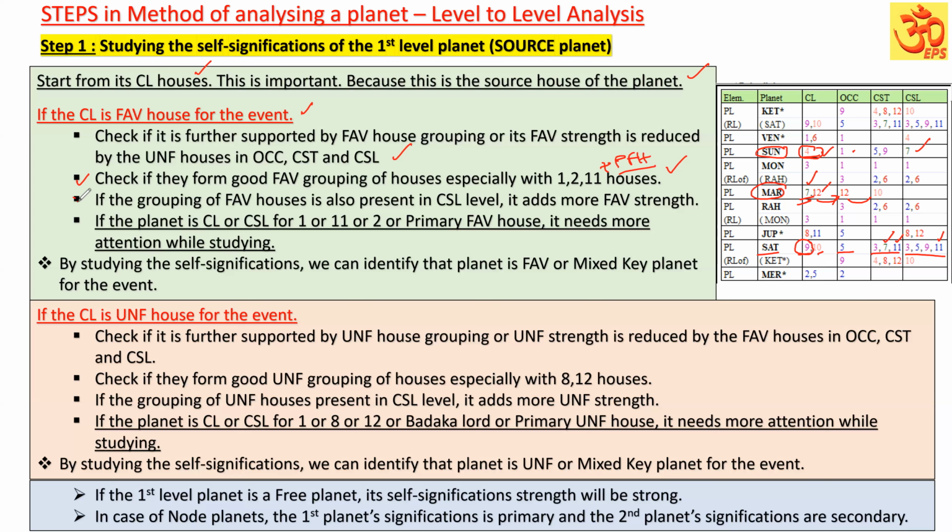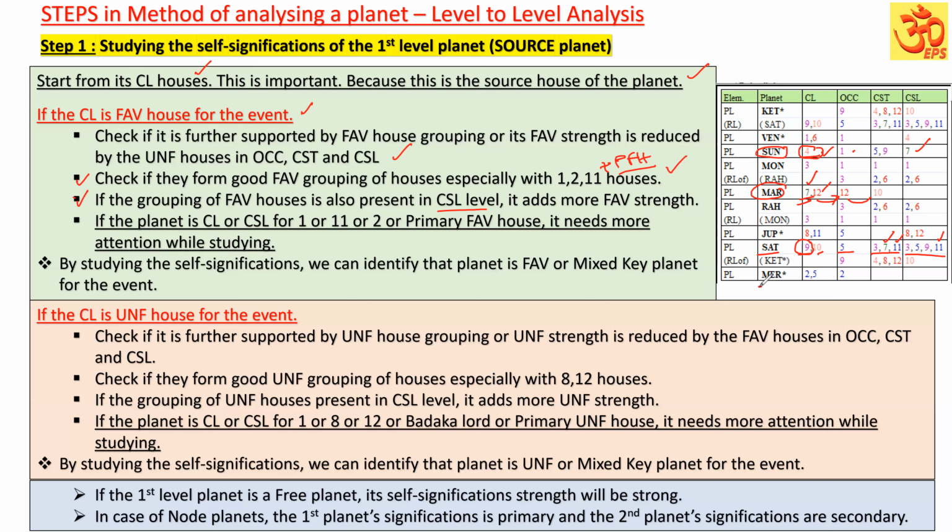Next point, if the grouping of favorable houses is also present at CSL level, it adds more favorable strength. You can see Saturn has 3, 5, 9, 11 in CSL also. Favorable houses in the CSL add more strength.